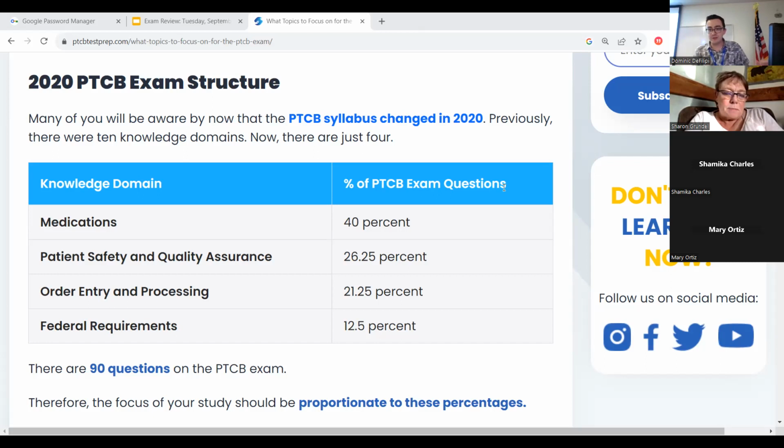Patient safety and quality assurance falls under what I was just talking about, along with how I was saying not to use abbreviations, the pharmacy processes, the tall man letters we talked about in lab to prevent errors, and how techs and pharmacists check on each other to make sure that things are transcribed correctly. And then patient safety, of course, also involves drug interactions and narrow therapeutic index drugs.